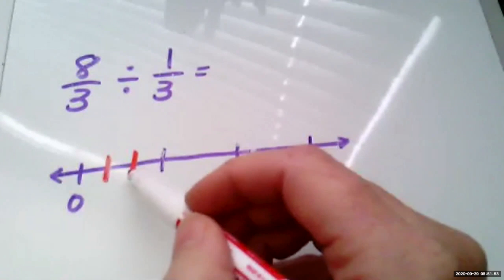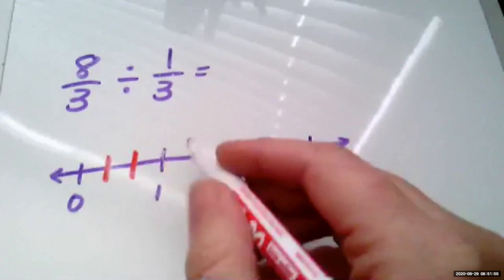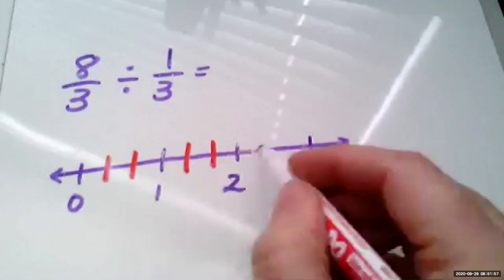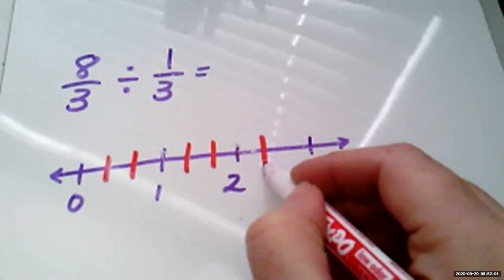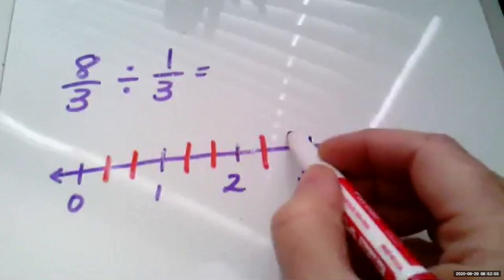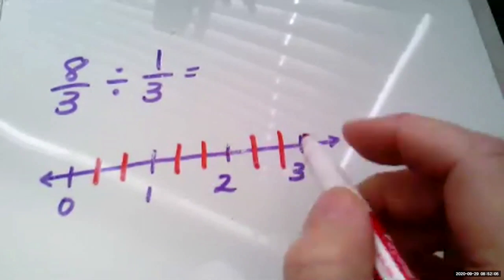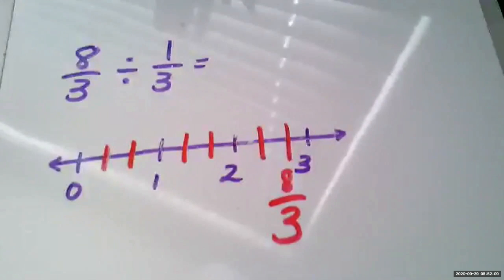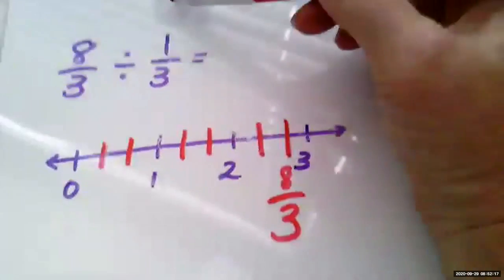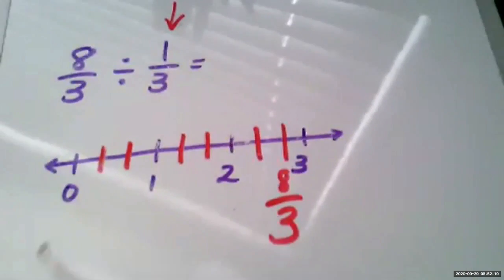So 1/3, 2/3, 3/3, 4/3, 5/3, 6/3, 7/3, and 8/3. Okay, there it is. It's 8/3. So 8/3 is now on my number line. And I want to divide that up by 1/3. I want to know how many 1/3s fit into 8/3. That's what I want to know.